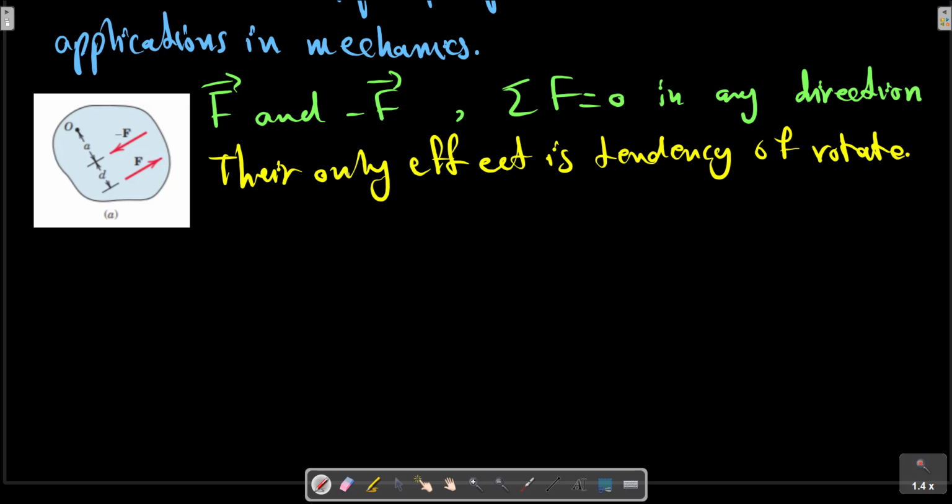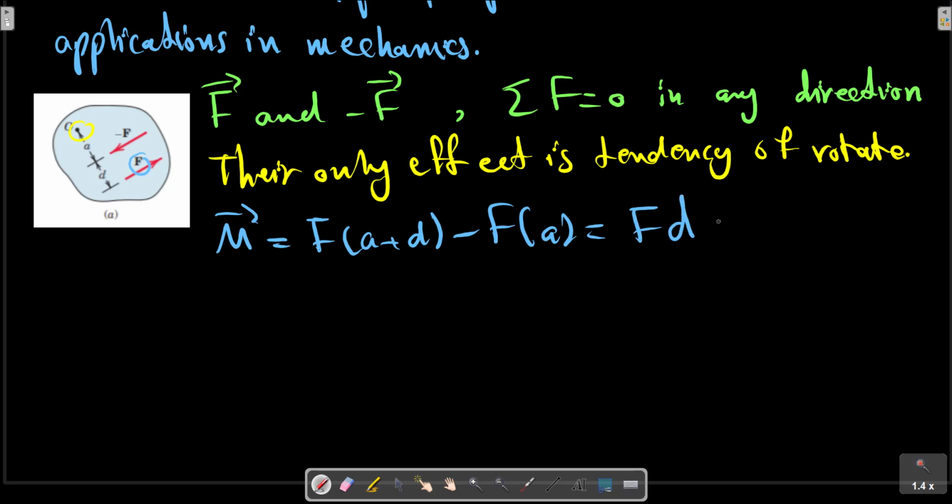The combined moment of the two forces about an axis normal to their plane and passing through any point such as O in their plane in this picture is the couple M. If we want to calculate the couple, it has a magnitude of F multiplied by A plus D, minus F multiplied by A, which is FD.